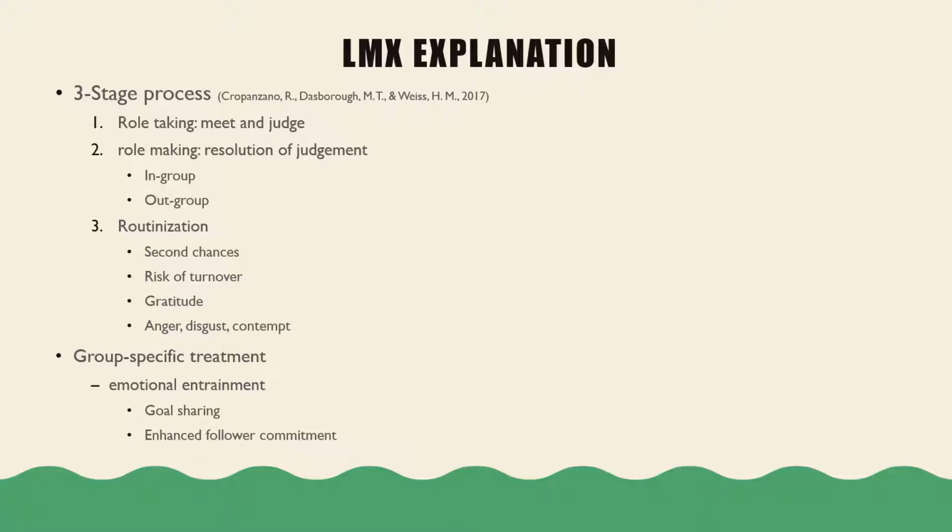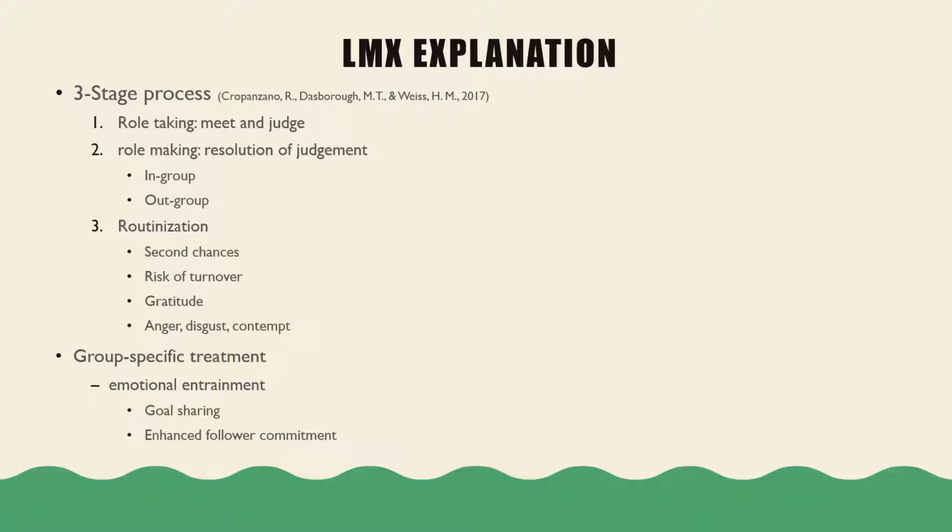relationship with the member. The next stage is called the role-making stage, which I think of as the time to solidify or resolve the leader's initial judgment of the followers. In this stage, the managers give the group of followers a project to work on. During this time, the leader watches followers and their performance to determine if the followers are trustworthy and good employees like they had previously judged them to be.